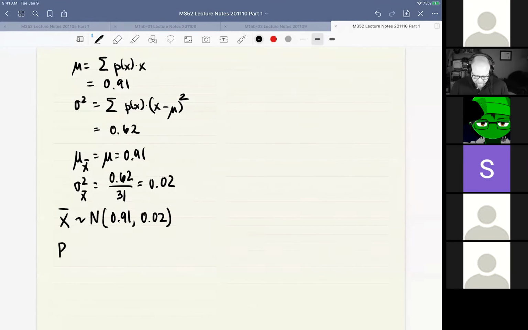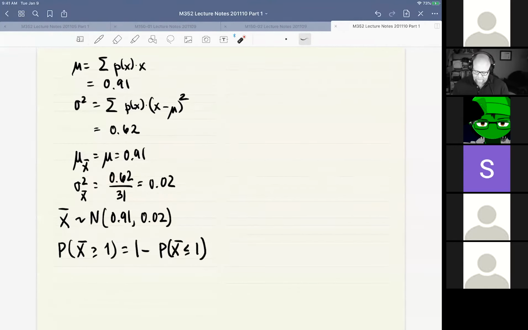Okay, so we want the probability that this mean is bigger than or equal to 1. Either your mean could be bigger than 1 or smaller than 1. Cumulative distribution functions work by calculating the probability of being less than or equal to a value.